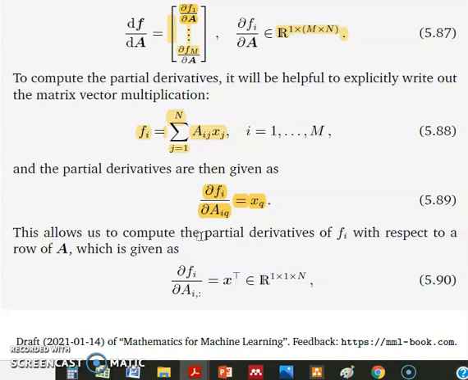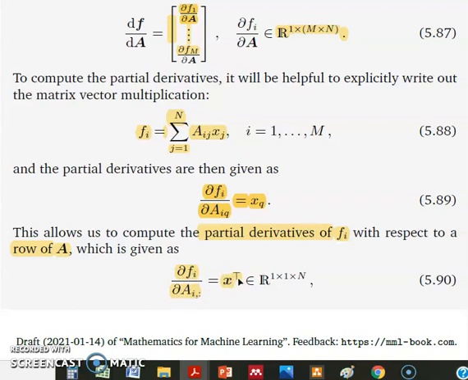This allows us to compute the partial derivative of f_i with respect to a row of A, which is given as del f_i by del a_i, which is equal to x transpose. So here you will be getting one x value and you take the transpose in order to get the derivative del f_i by del a_i.